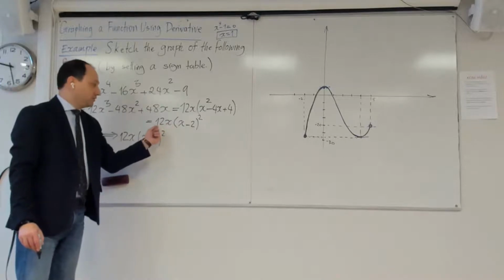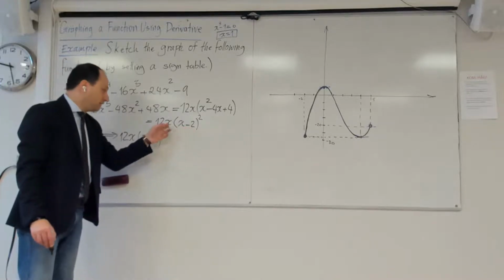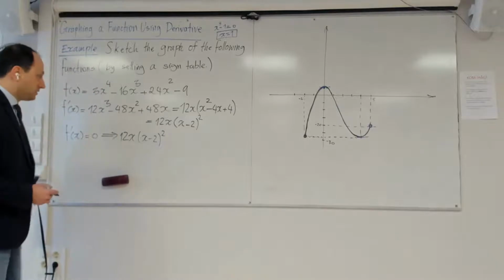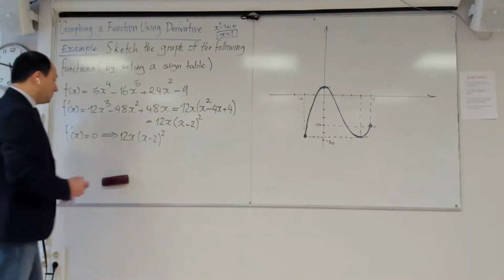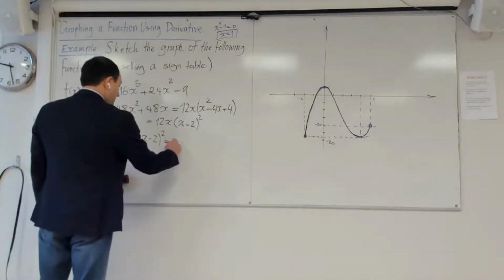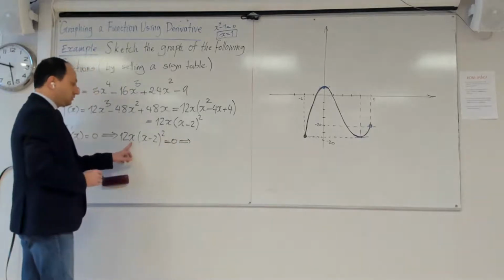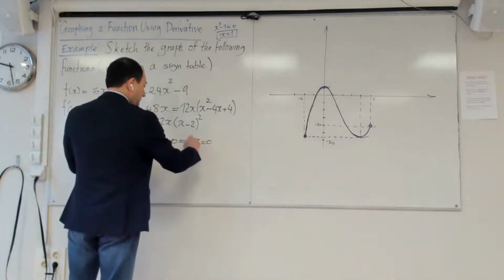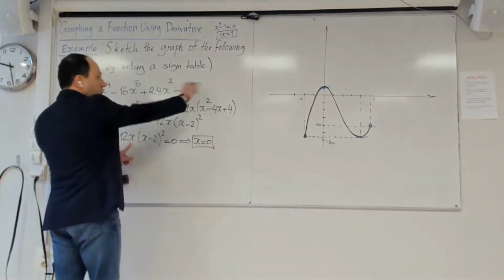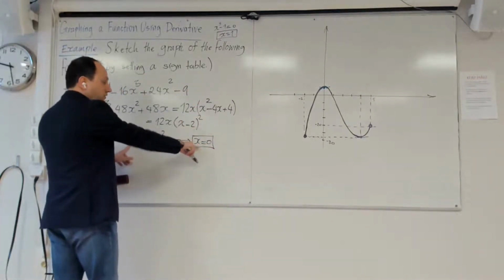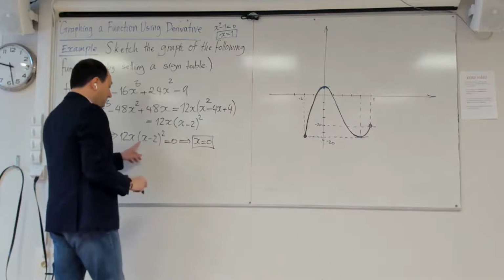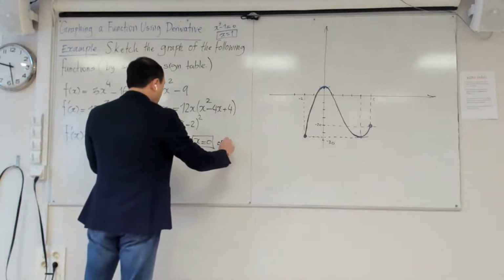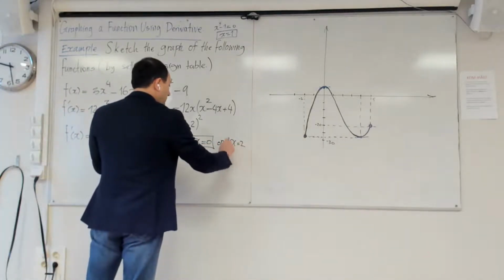If x is positive, the whole combination is positive. If x is negative, the whole combination is negative. If I put this equal to 0, either this is 0 or that is 0. If this is 0, x is equal to 0. Here I don't have any interval, so I don't need to worry about whether this is acceptable or not. Then x becomes equal to 2.